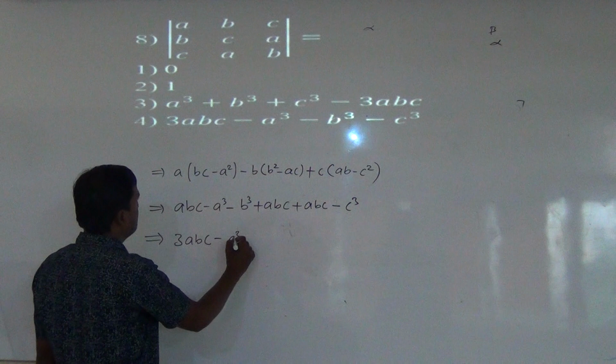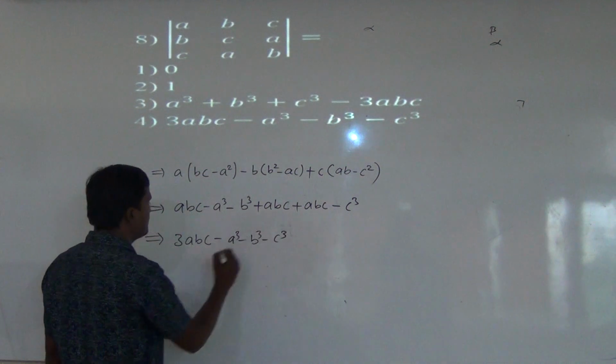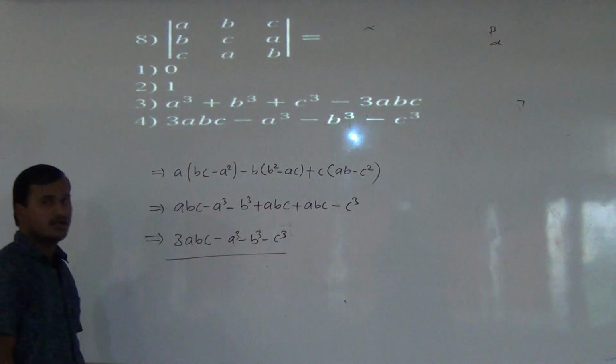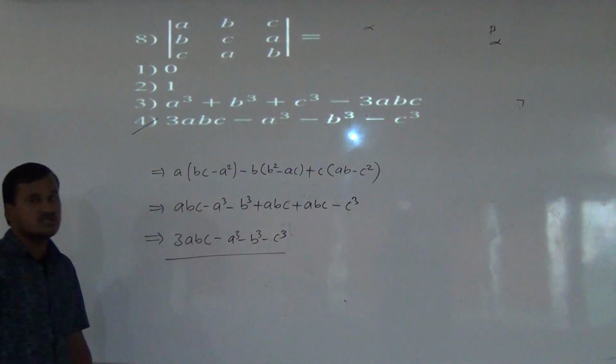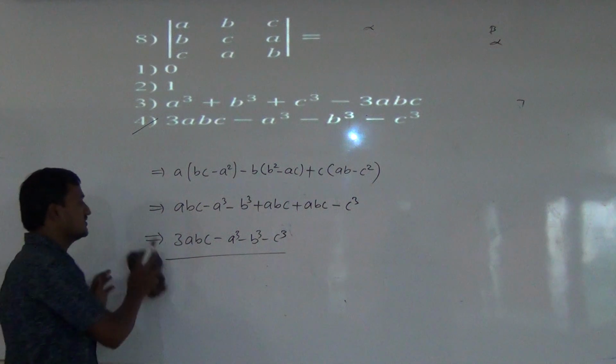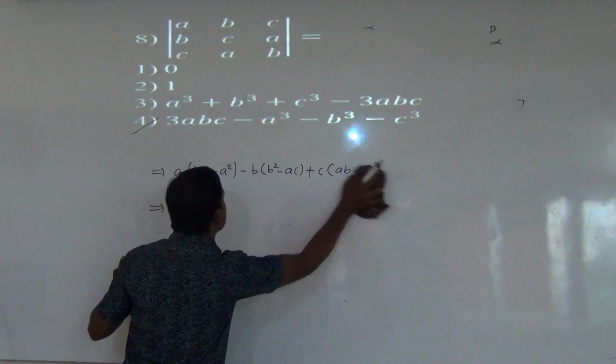Here it is ABC plus ABC plus ABC, clearly 3ABC, minus A cube minus B cube minus C cube. So this is the required answer. Clearly the fourth option is the right one. Next we'll go for the next question.